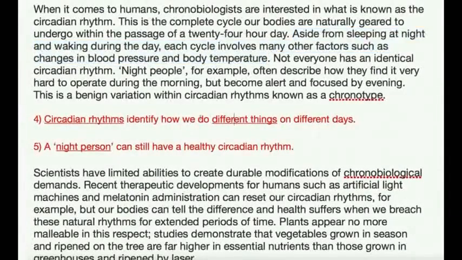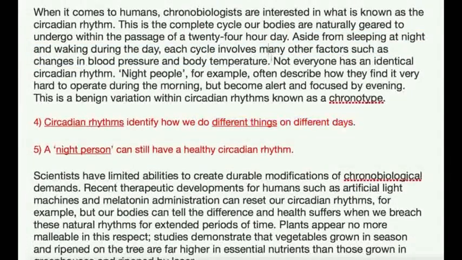Well, that's not really connected with this. Not everyone has an identical circadian rhythm. So people have different circadian rhythms. That could make you think that's this. But this is not to do with different people having different circadian rhythms. It's how we do different things on different days.